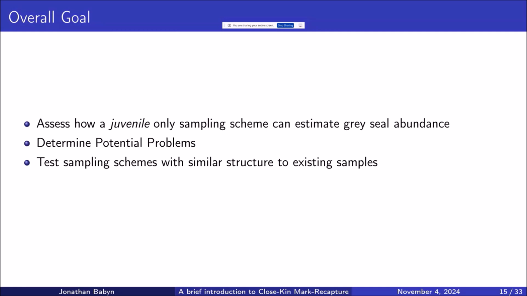And apparently there are also genetic samples that have been taken of gray seals in the past that still exist somewhere that could potentially be used for this sort of project. So it's also to see how, if we were to use data similar to that, that might help with the estimate.